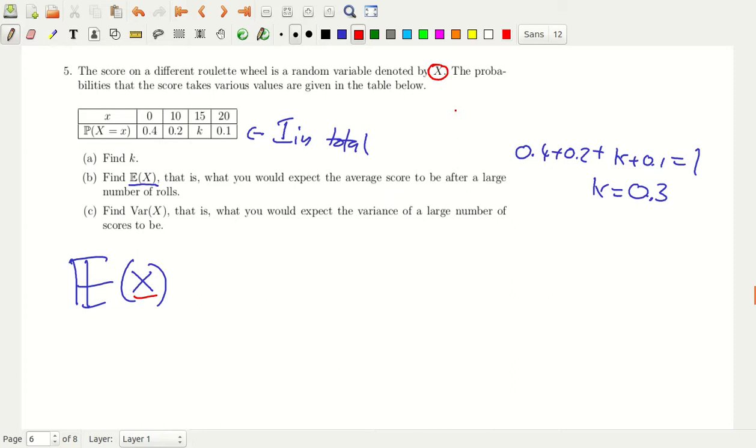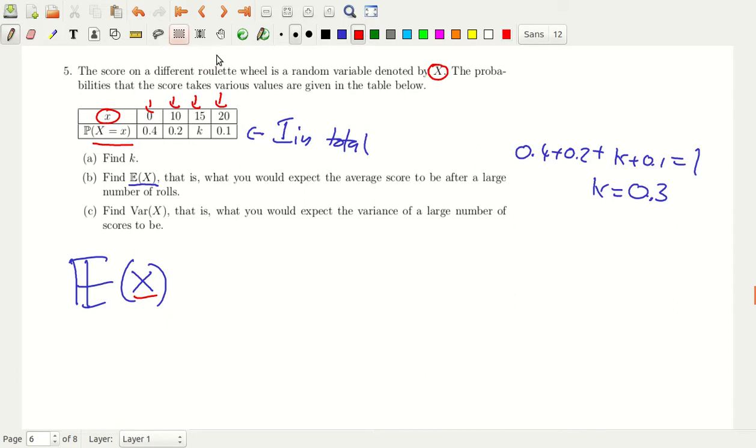So if you spin the wheel and it comes out as a 10, then for that experiment X was 10, and if you spin it again and you get a 20, then X is 20. And then we can look carefully at how this table is laid out as well. You've got a little x, which is used to represent the possible values of the random variable capital X, and then here the probability that x is equal to each of those is 0.4, 0.2, 0.3 and 0.1 respectively.